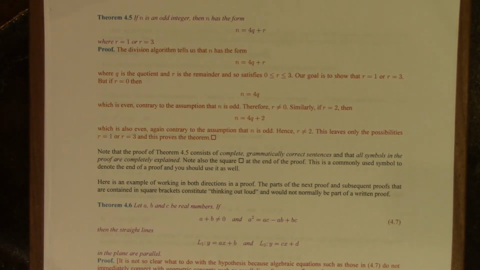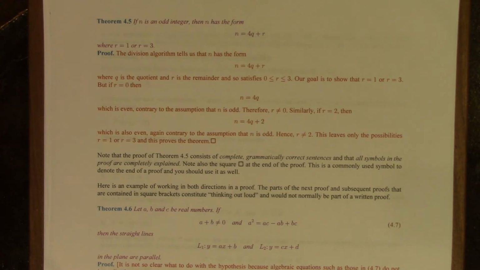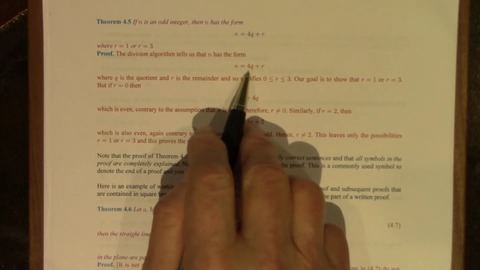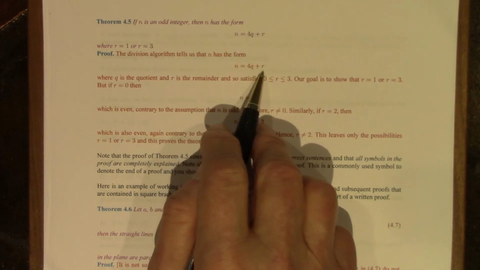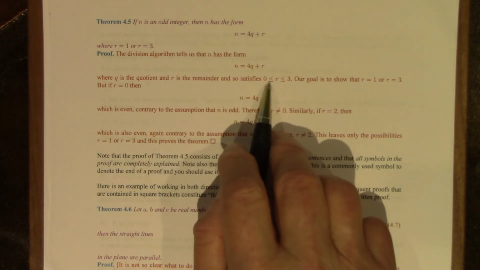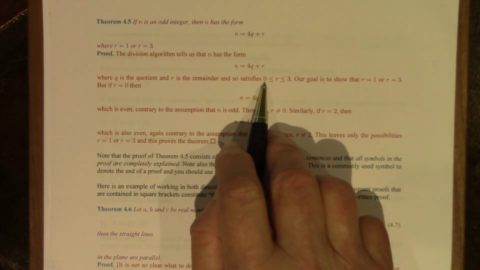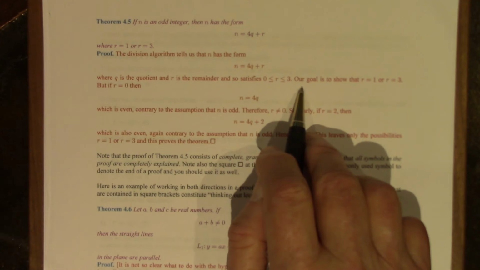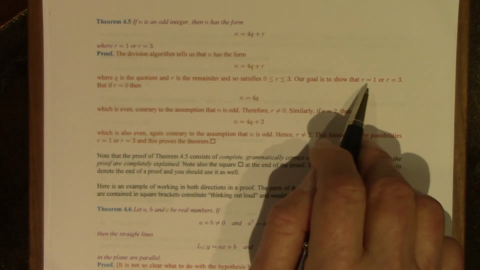This theorem, as you look at it, begs for the division algorithm, which tells us that n can be written as 4q plus r, where q is the quotient and r is the remainder, so r lies between 0 and 3, because we're dividing by 4. Now our goal is to show that r has to be either 1 or 3.